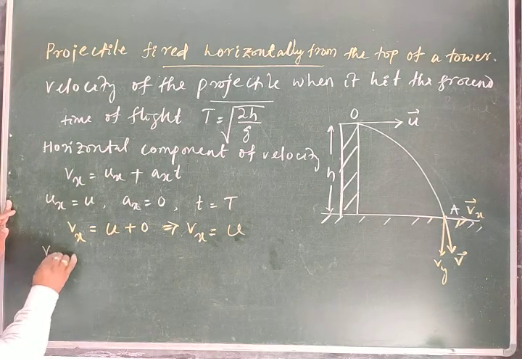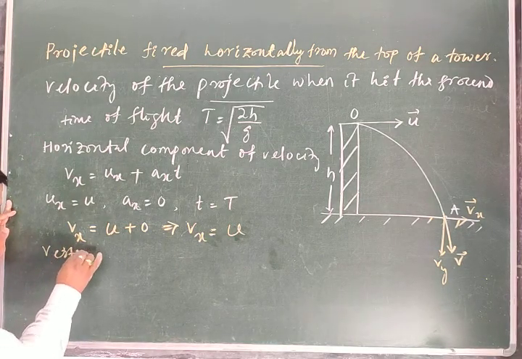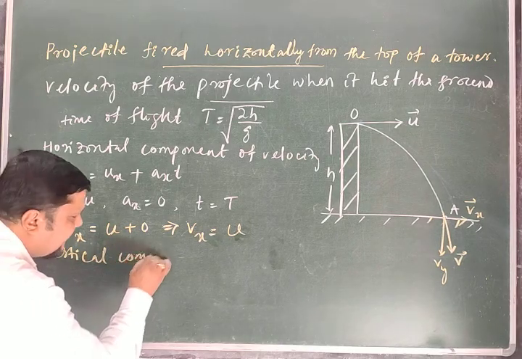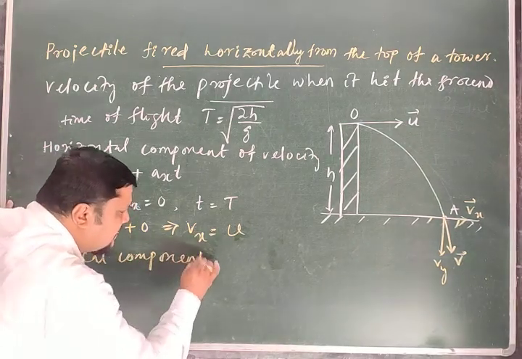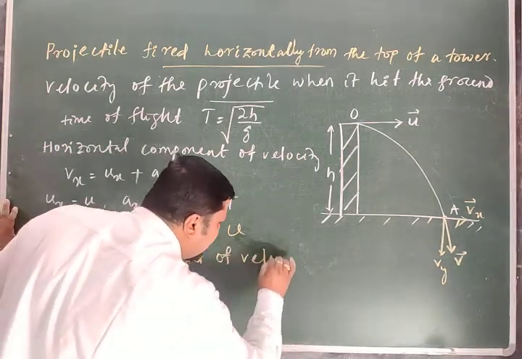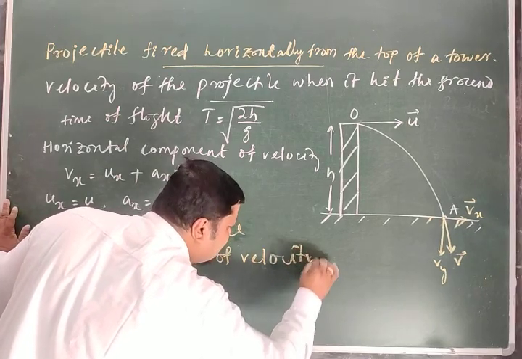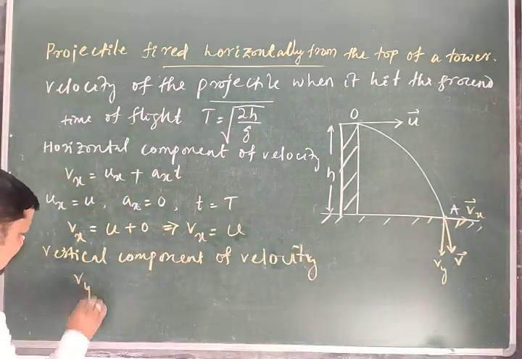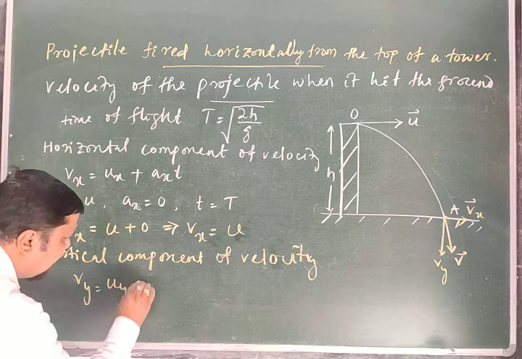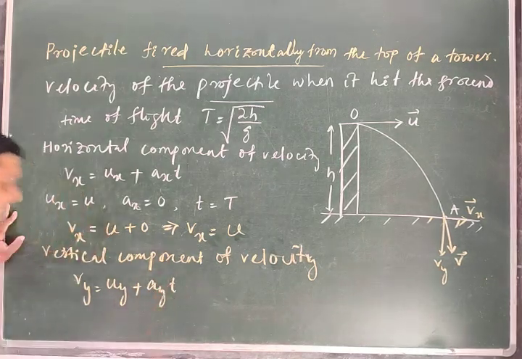Then the vertical component of velocity, Vy, is equal to uy plus ay into t.